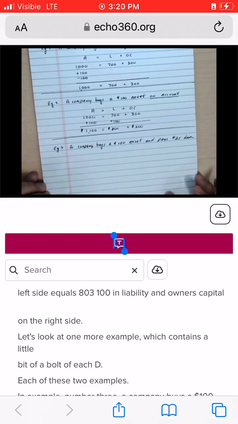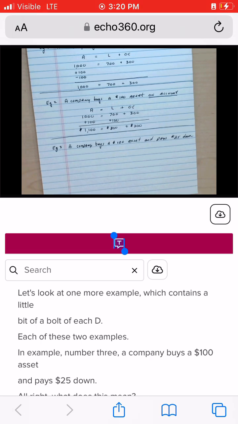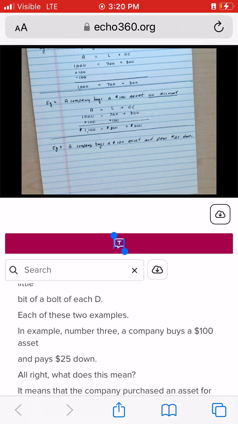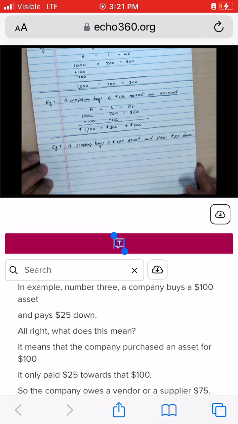Alright, what does this mean? It means that the company purchased an asset for $100 and it only paid $25 towards that $100. So the company owes a vendor or a supplier $75, the difference between the two. Now, how will that affect the accounting equation?